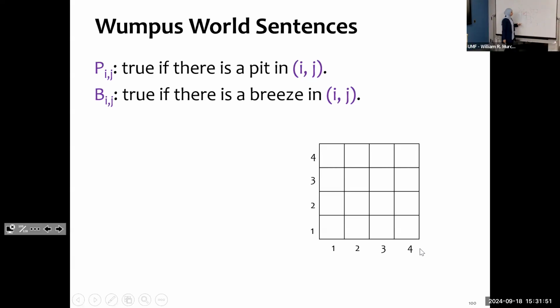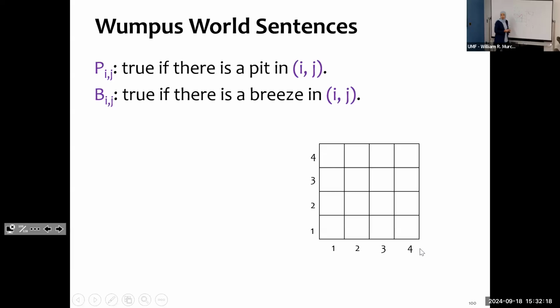1, 2, 3. Okay, so it's 3, comma 3. So if there is a pit here, I will denote it with P33 at the position 3, 3. If there is no pit, what could be there?